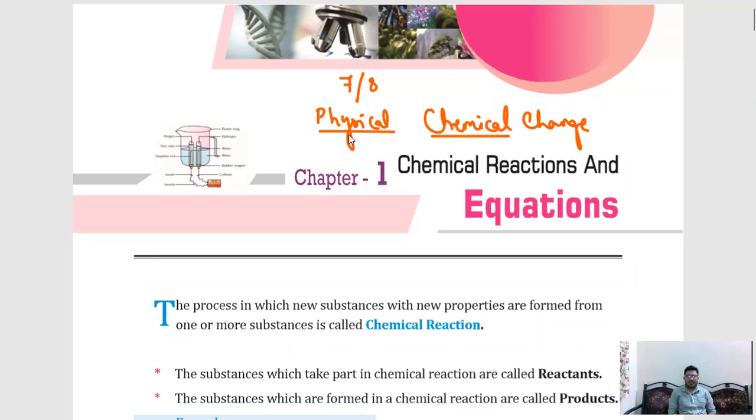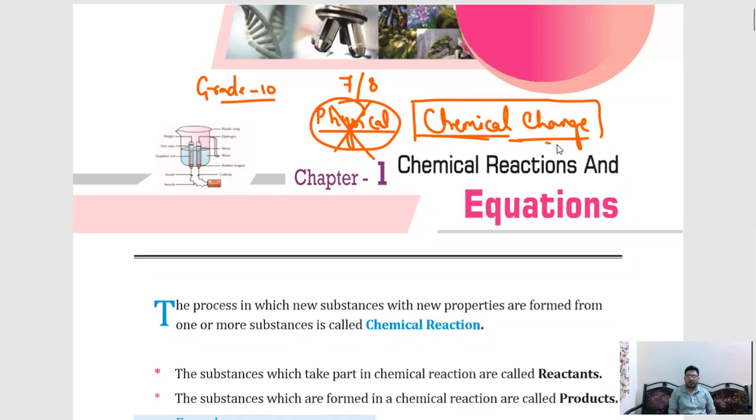A physical change can be reversible, while a chemical change is not reversible. In grade 10, we don't have any concepts related to physical change. No need to learn anything about it, but we have to concentrate on chemical change.